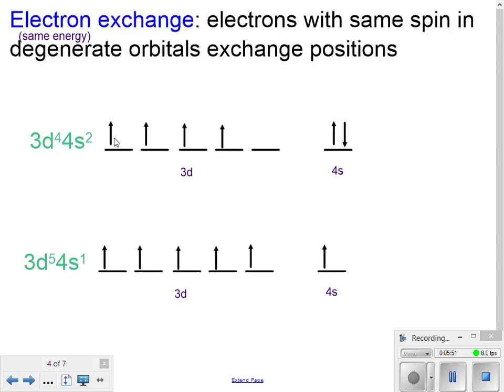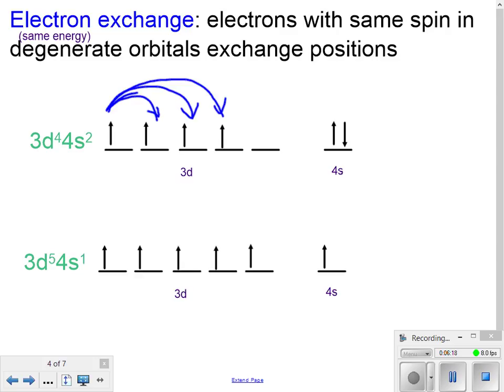If we write it how it's originally thought to be, such as this, the exchange number would be limited. And again, what we mean by exchange is that electrons with the same spin would exchange positions with another electron of the same spin. So that would be one exchange, that would be two exchanges, that would be three exchanges.